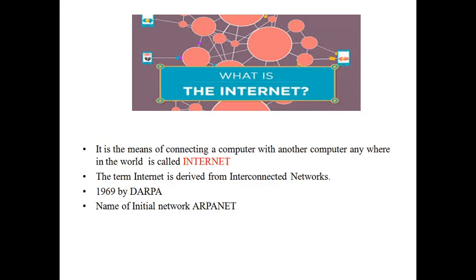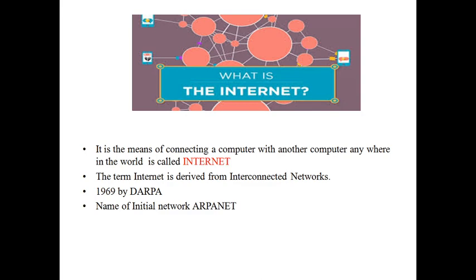Internet is also a network, but it is a larger network. It is also called network of networks. Internet is the means of connecting a computer with another computer anywhere in the world. Internet gets its name from the term interconnected networks.